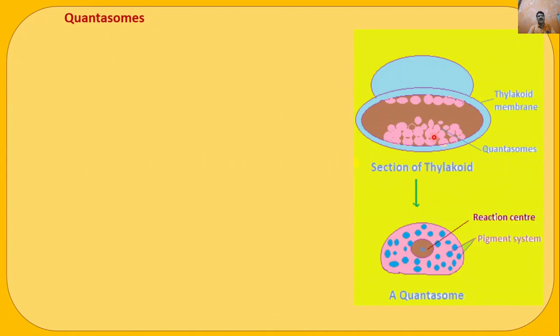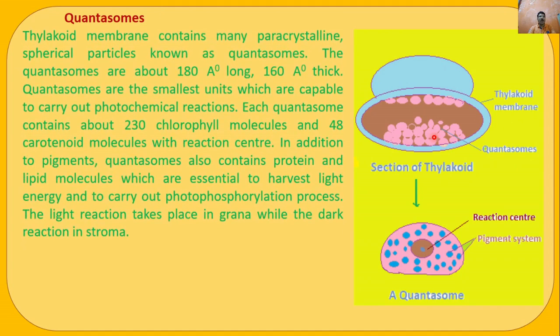Now we will see the concept of quantasomes. Now what are quantasomes? If we see the ultrastructure of the thylakoid membrane, it contains many paracrystalline spherical particles, and they are known as quantasomes. These quantasomes are about 180 angstrom long and 160 angstrom thick. Quantasomes are the smallest units which are capable of carrying out photochemical reactions.